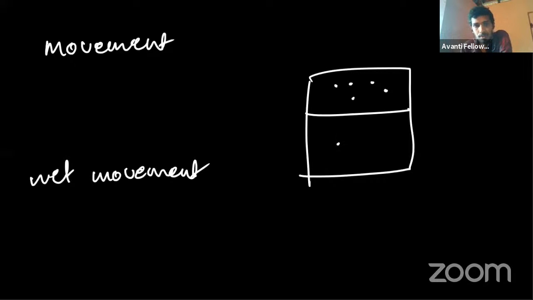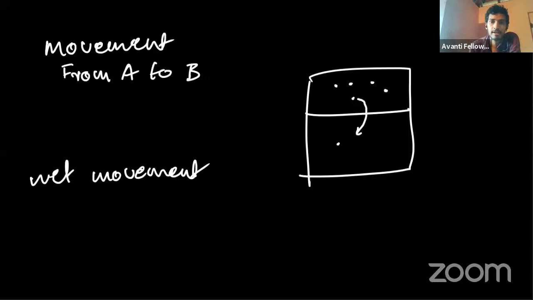When this one molecule transfers, because it wants to reach equilibrium, you can call it a movement, transferring from one side to another, from A to B. So this is the movement. What is the net movement? One molecule is the net movement.